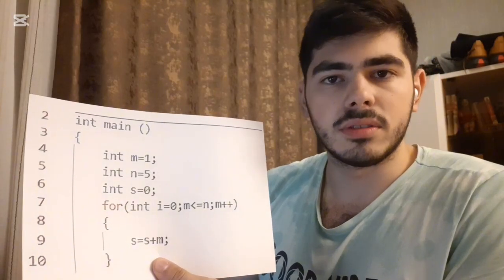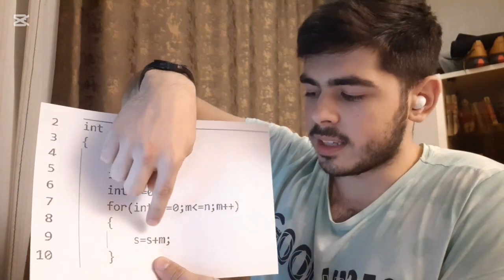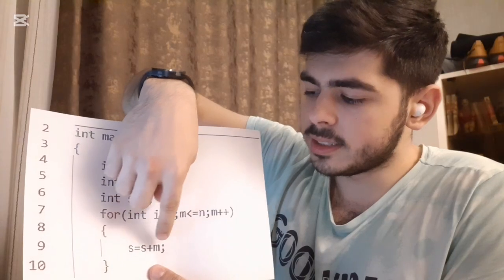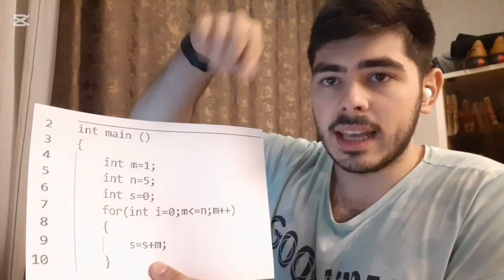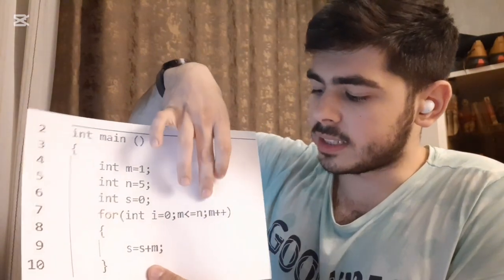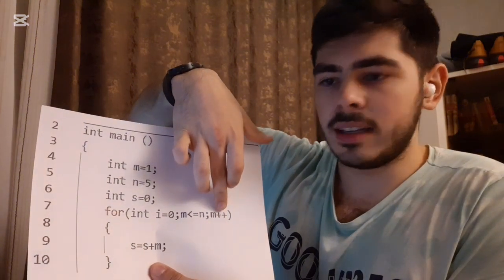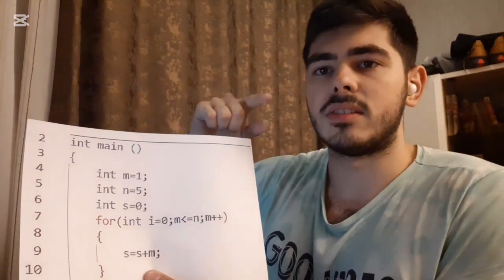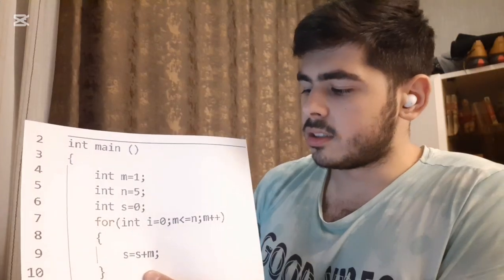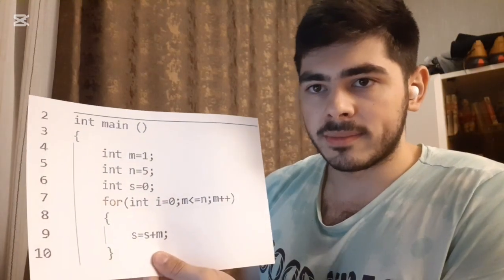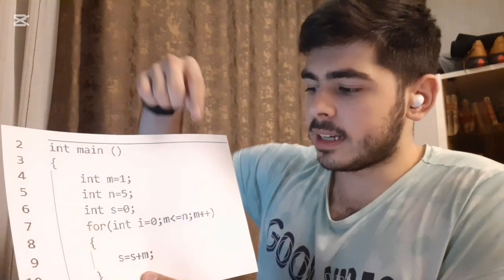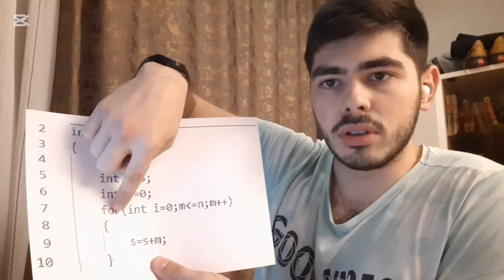We need to add to the summation the summation itself plus the m number. The next step is to add to m the number 1, increasing m by 1. And after that, we need to come back to the for loop.